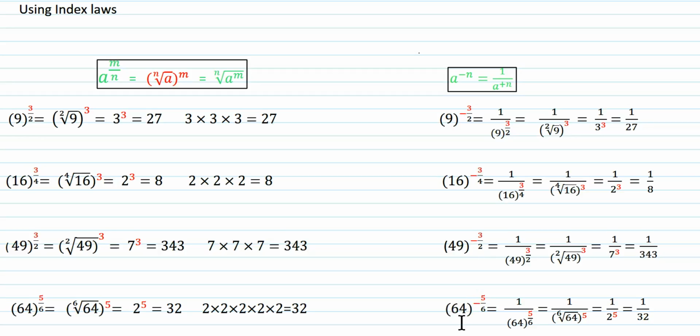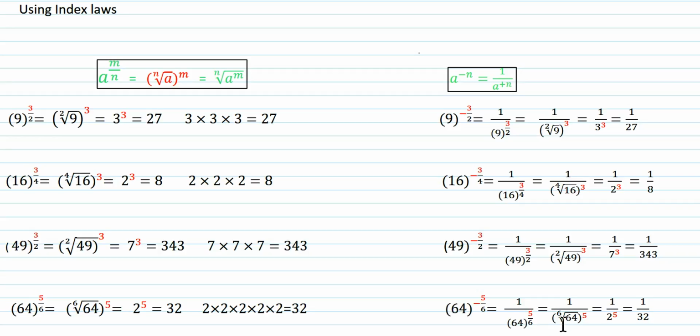And the last one, 64 raised to the power minus 5 over 6. Because of the negative sign, we put the whole thing under 1, so it becomes 64 to the plus 5 over 6. We don't write the plus, we just put 5 over 6. Now, because of the 6 on the bottom, the denominator, there's a fractional index. We're looking for the 6th root of 64.